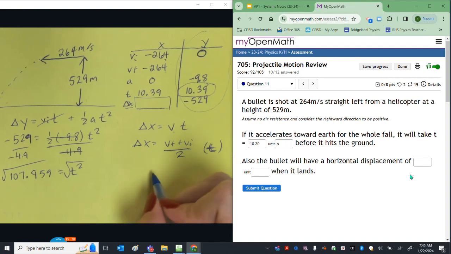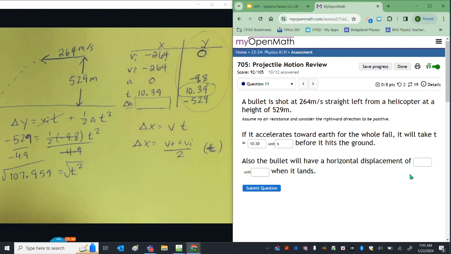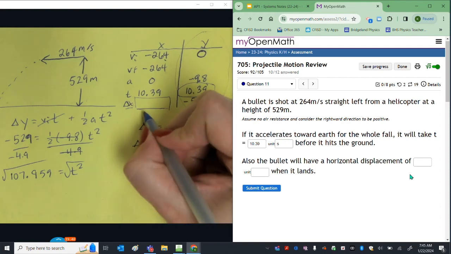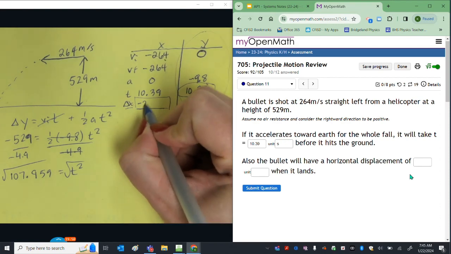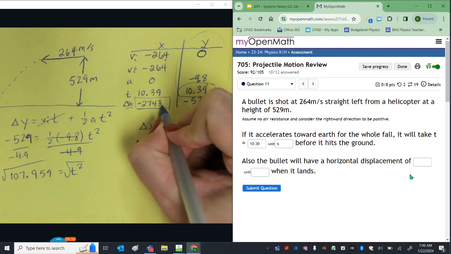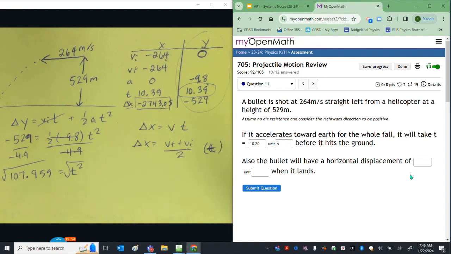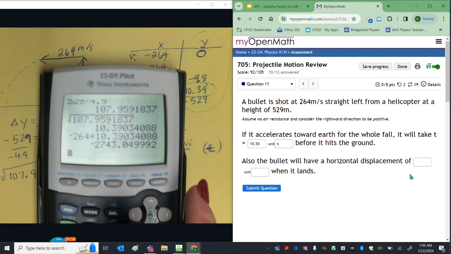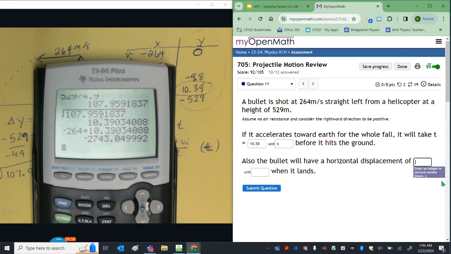So if I want to find that displacement, I'm just going to take my velocity, negative 264, multiply it by the time that I just found, 10.39, and I'm going to get a displacement of negative 2743.05. Again, this is actually the unrounded value, so let's fill it in: negative 2743.05 meters.